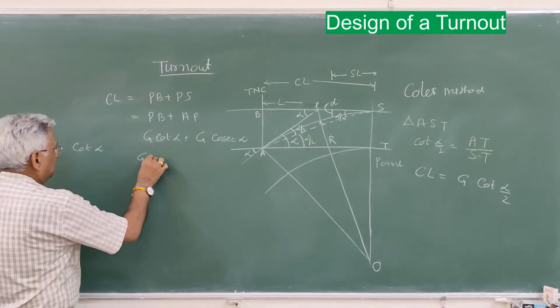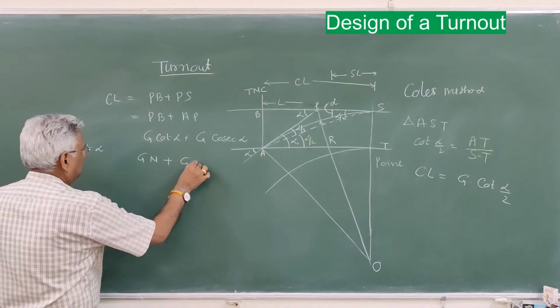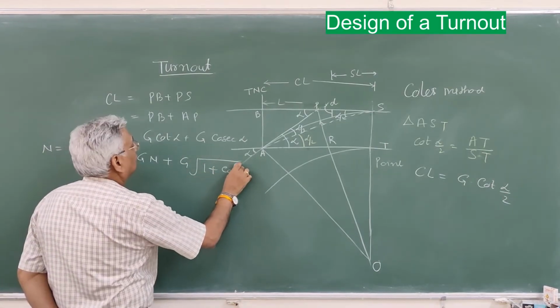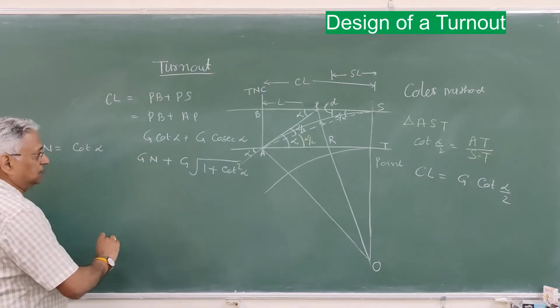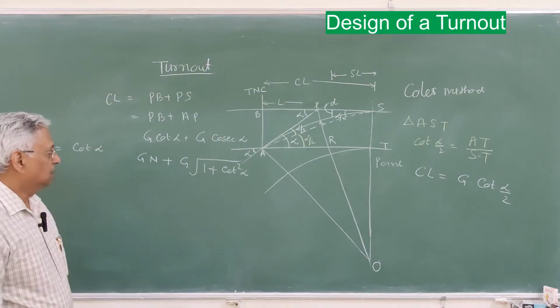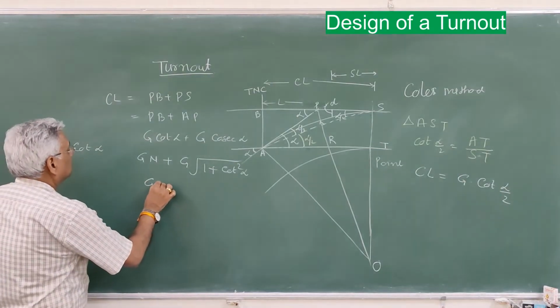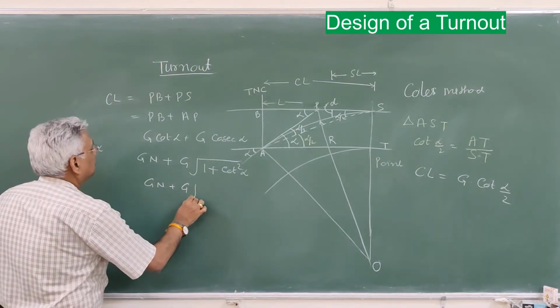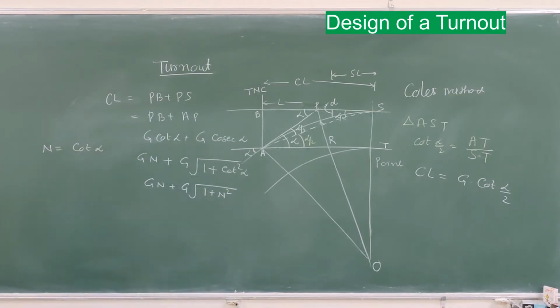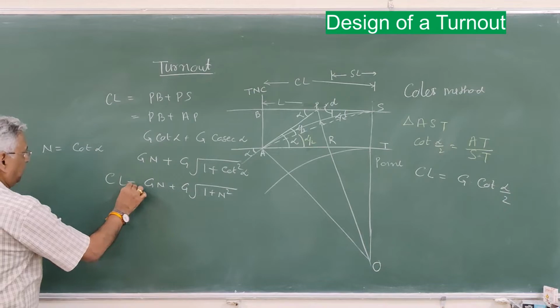So this is Gn plus G into square root of 1 plus cot square alpha, and this is again 1 plus n square, so Gn plus G into square root of 1 plus n square. That is the curve lead, the second equation for curve lead.